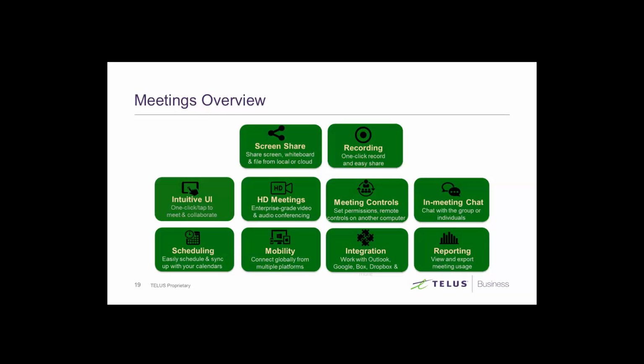And then finally, the reporting piece of it. So you have the abilities to view and export meeting usage, a length of meeting, types of users that have been on the call, that type of stuff.